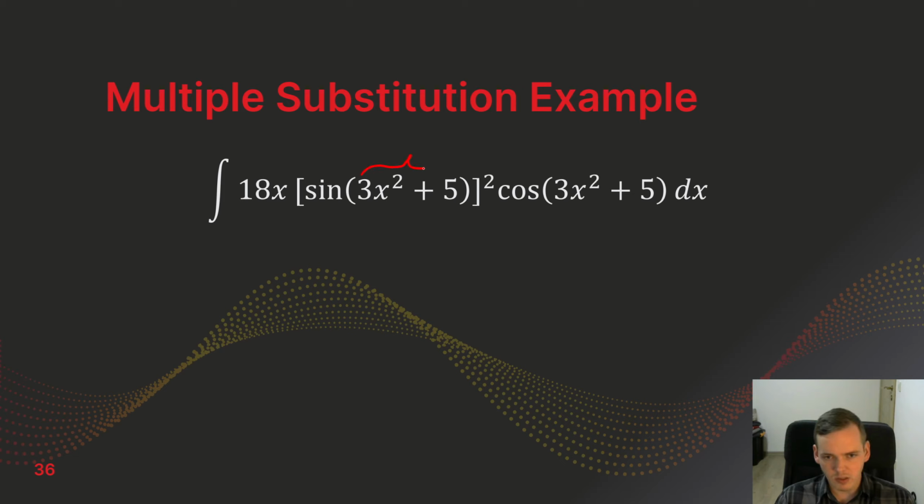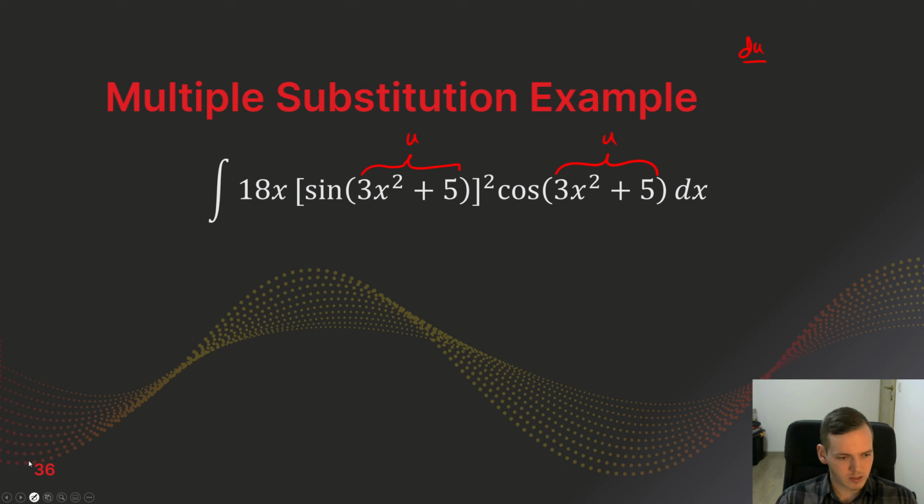In this case, I see that I've got this 3x squared plus 5 as a nested function. And I actually see that it shows up twice. So anytime you see something like this where it shows up multiple times, it's a pretty good candidate for what you want to substitute. So I'm going to call this my u. And that means my du, let's write these up nice and clean.